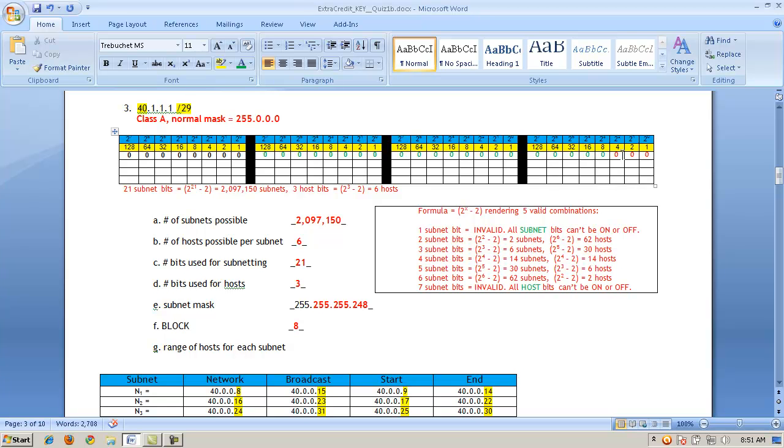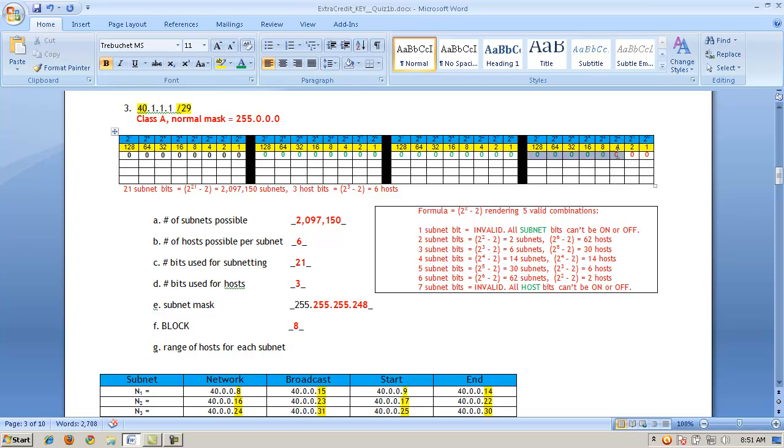So these 3 remaining host bits, what does that give us for the block? Well, the lowest bit for subnetting is always the block. Even though we have 3 octets here combining for the subnet part, still the lowest bit in the last octet in this case is 8. So our block value is 8. And what's the mask? Well, 255, 255, 255, because all of these are being used for the network and the subnet.